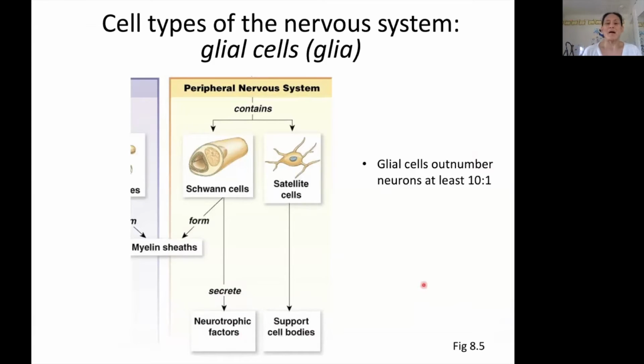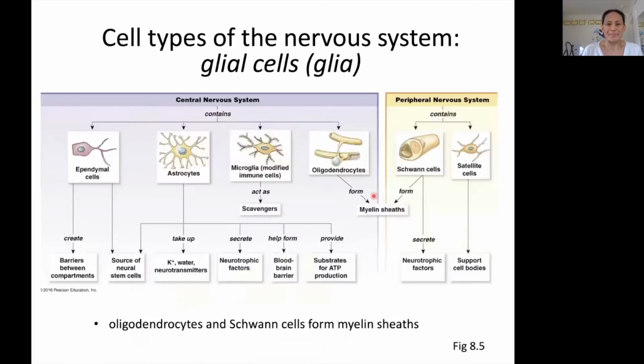Okay. And I do want to point this out right here. Even though neurons are kind of the star of the show, and in this class we are going to be mostly focusing on neurons, I do want to point out that there's a lot more glia in the body than there are neurons. They outnumber neurons at least 10 to 1. Okay.